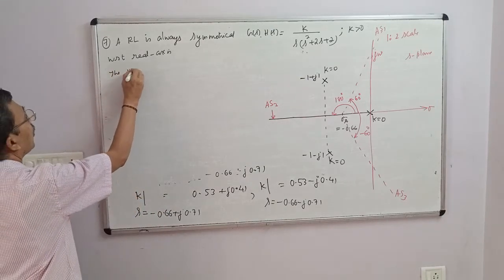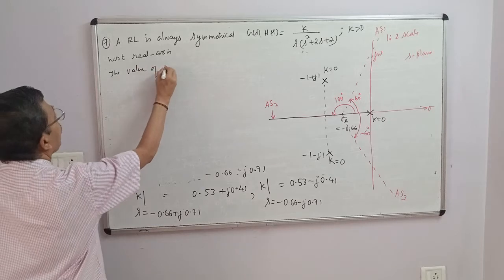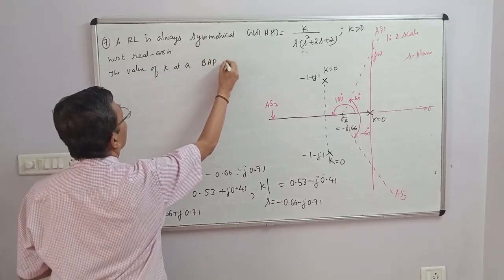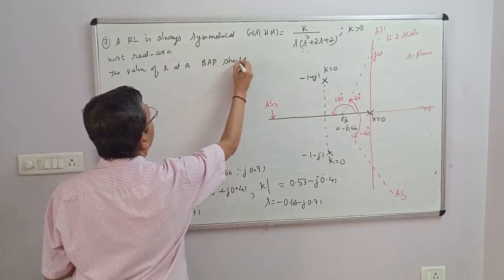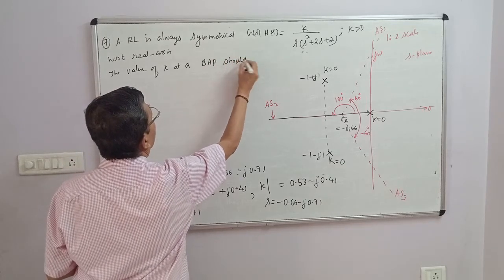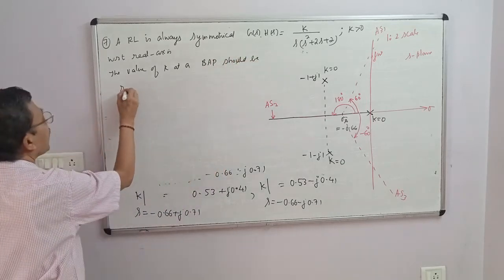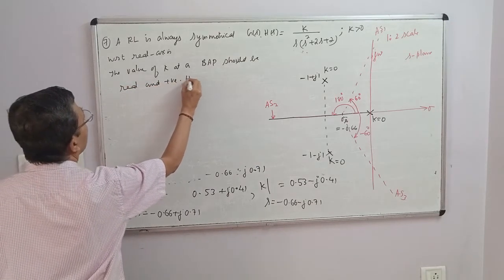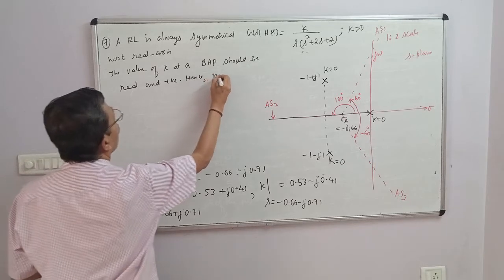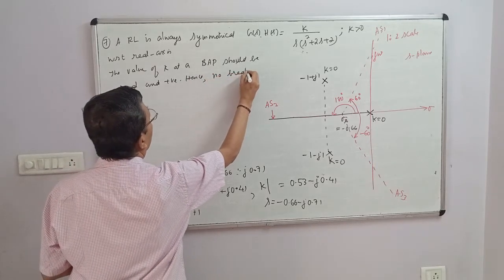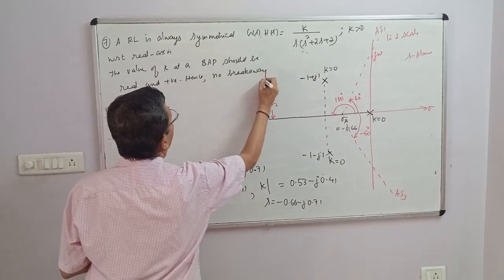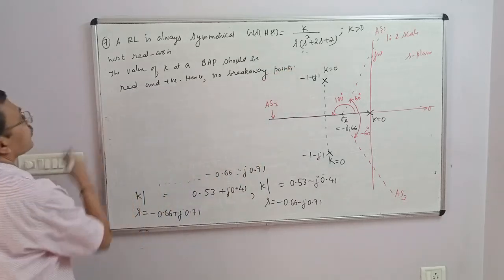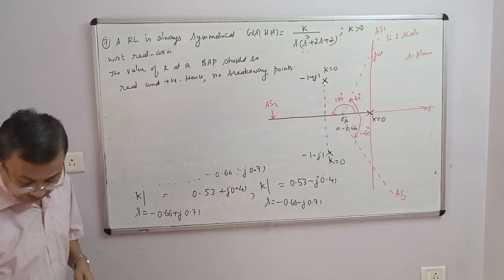The value of k at a breakaway point should be real and positive. Hence, no breakaway points.